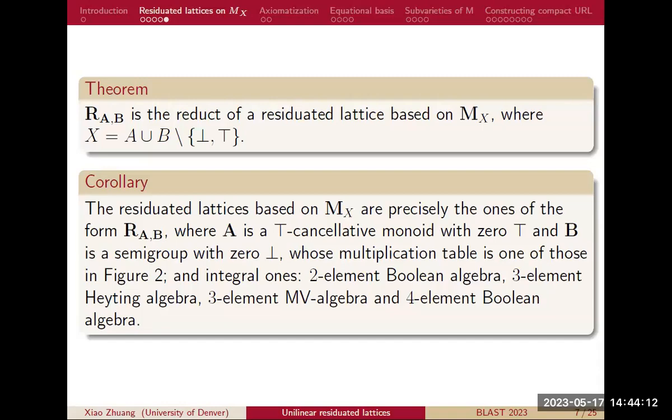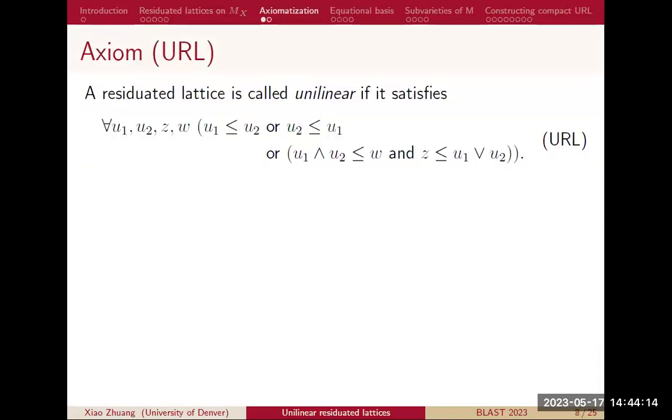So the next question is, how can we axiomatize them? Yes, we can. Our axiomatization just focuses on the lattice property. What we have just seen is that for the 2 distinct elements in the middle part, their join is the top and their meet is the bottom.